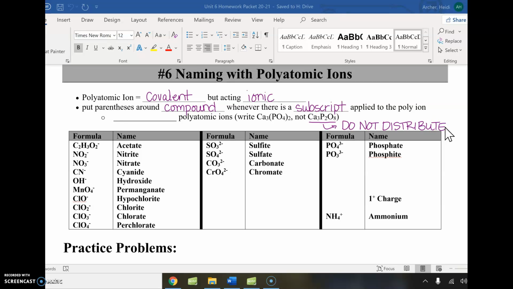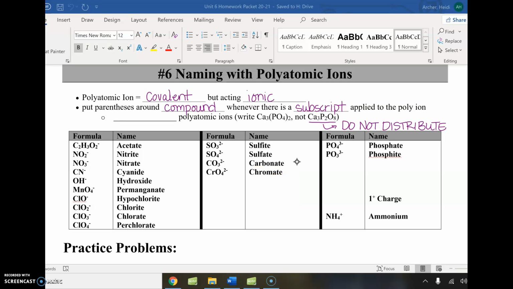Now we do distribute when we count individual atoms. So if I asked you how many oxygens there were, I have 2 times 4. So there's 8 oxygens there. But in terms of writing the compound, I cannot change how that compound is structured.